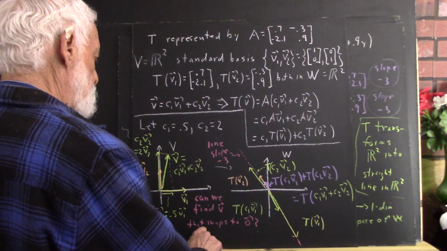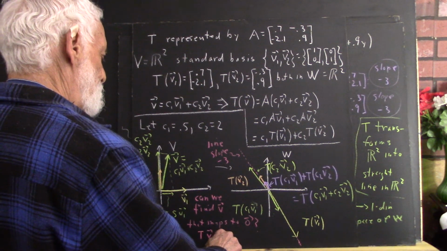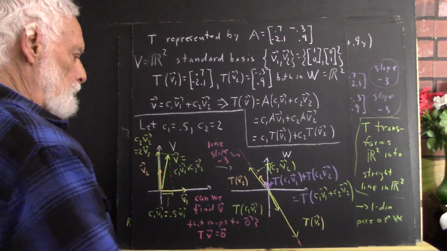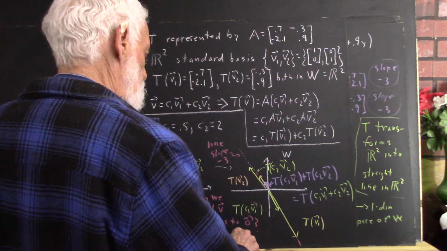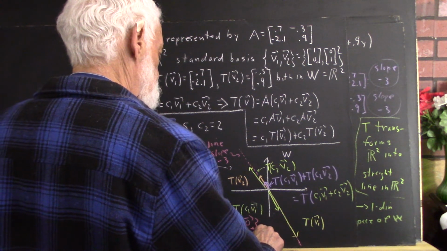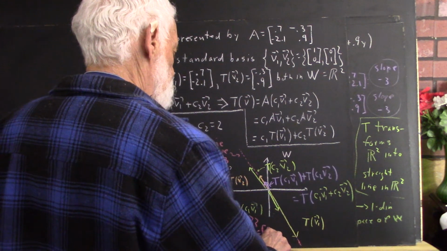That is, T applied to V is the zero vector. Or AV equals 0, 0.